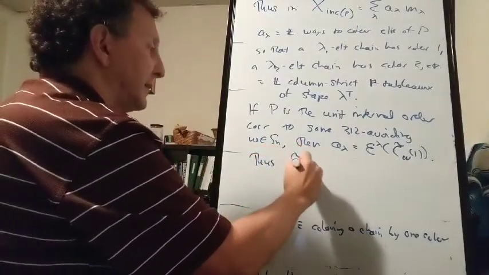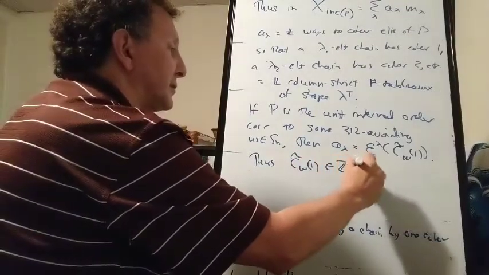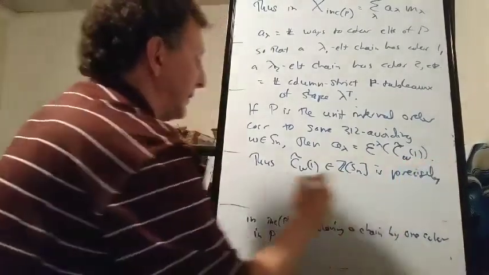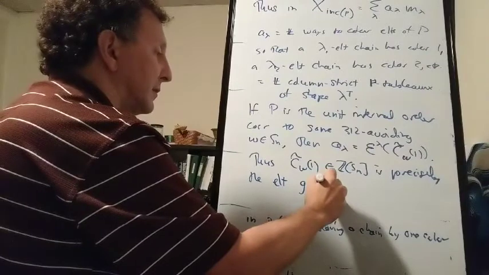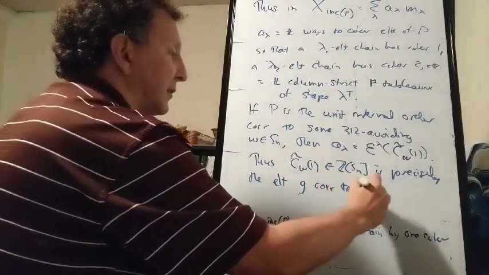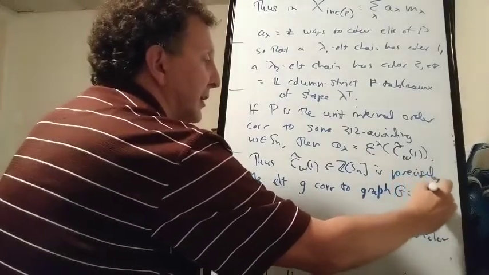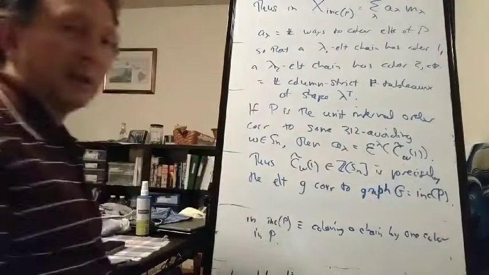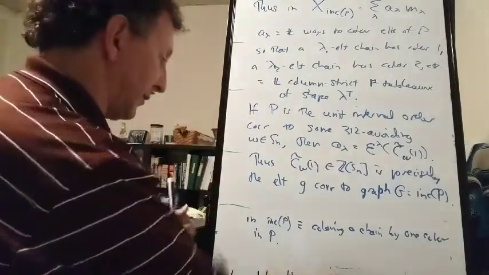So that means that C_w in the group algebra is precisely the element corresponding to the graph G equals the incomparability graph of P. So this is the element that we're taking trace evaluations of and putting next to the different symmetric functions.